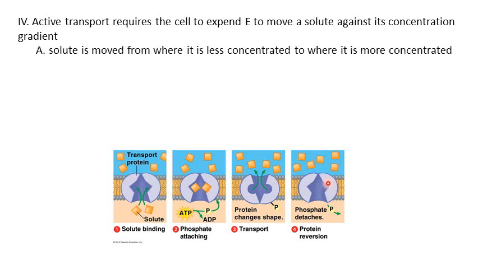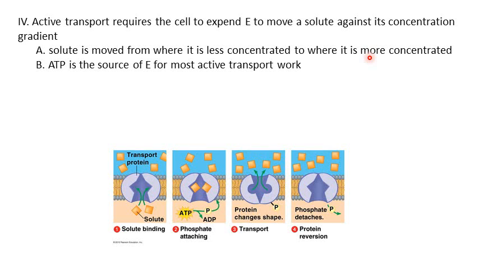So what we've seen is that the solute was moved from inside the cell where it was less concentrated, this is key, to outside the cell where the solute concentration is actually greater. This, once again, is the opposite of what we saw in passive transport. Another key feature of active transport that we've mentioned is that ATP is the source of energy to get this active transport work done.